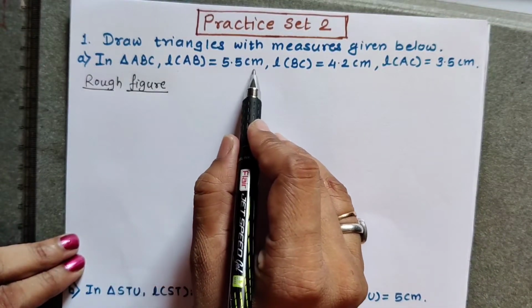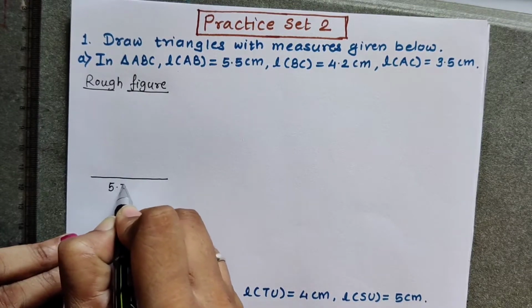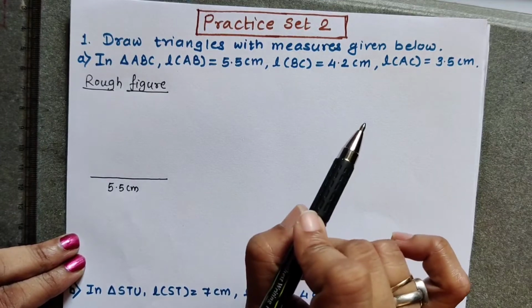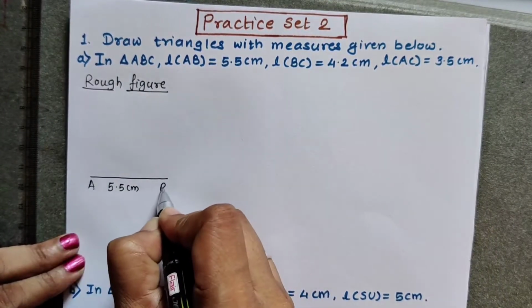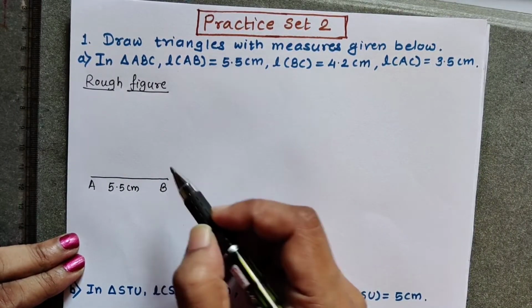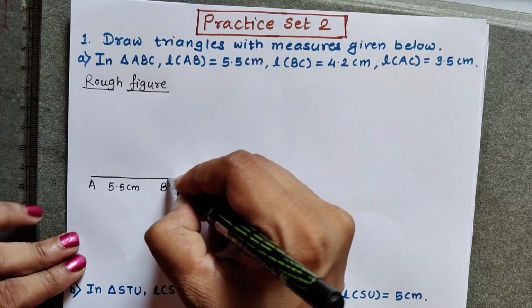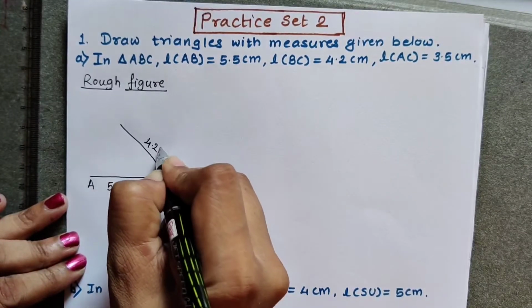Length AB is 5.5 centimeters. So I am drawing length AB 5.5 centimeter with the hand. As we are drawing a rough figure, the measurements are not exact. Now BC is 4.2. So from B we have to draw the second side of the triangle. BC is 4.2 centimeter.